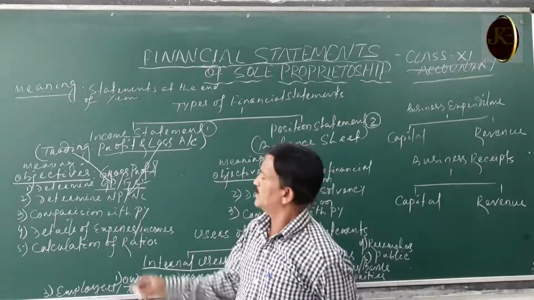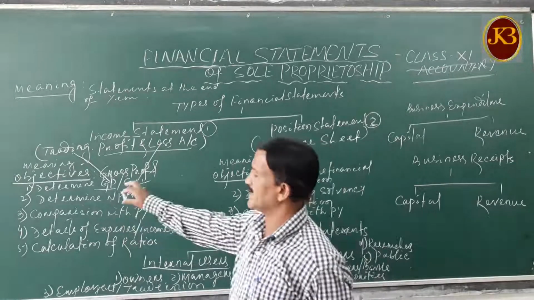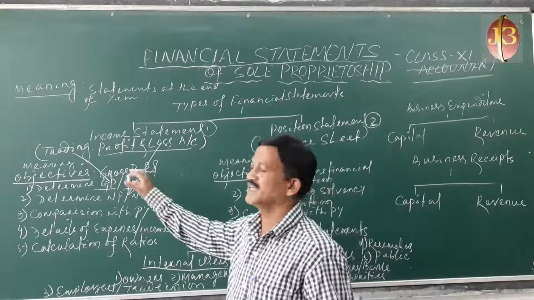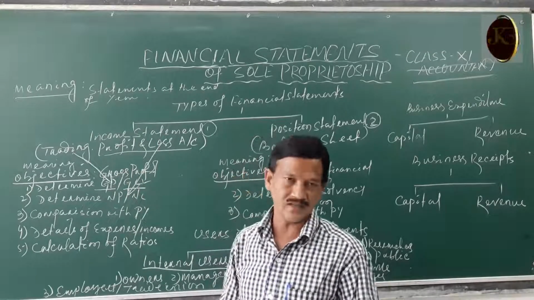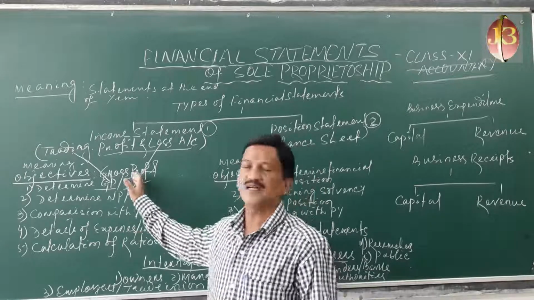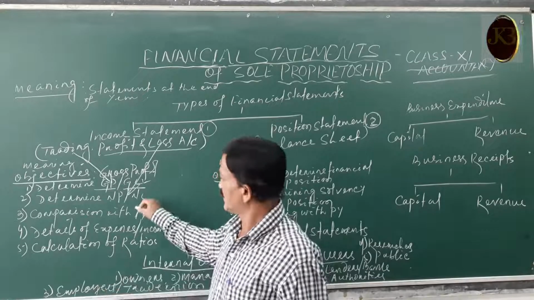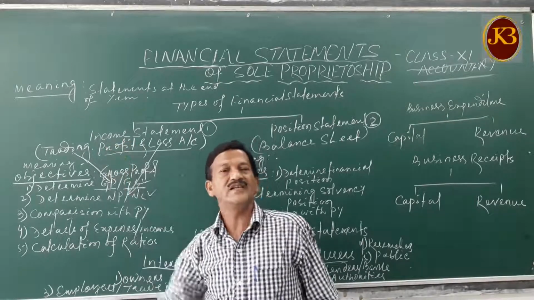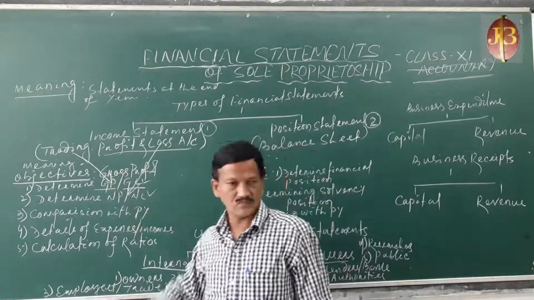That means what is the total net profit or net loss. After subtracting all other expenses and losses from the gross profit, and adding other incomes, any extra incomes, we will find out the net profit or net loss. We will get this from the income statement, that is the trading profit and loss account. That is the second objective.